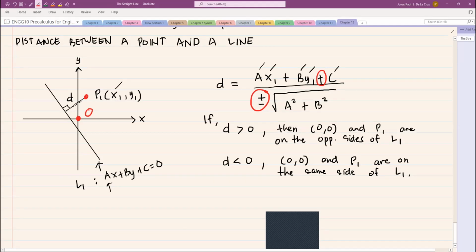So it is the opposite of the sign of C. If it is positive, then I use negative. If it is negative, then I use positive.